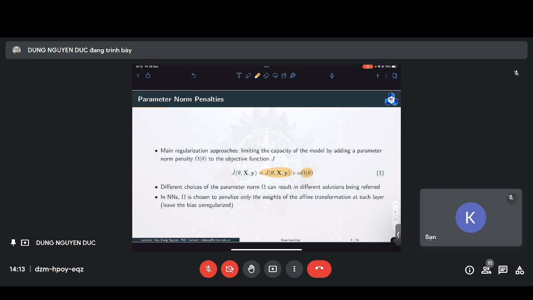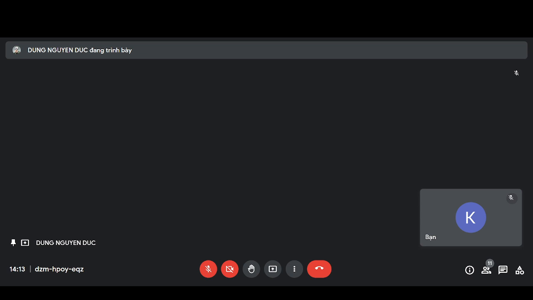But that may cause your model to be overfitted, and you have no control over the parameter values. If you increase the weight alpha, you consider that penalization more seriously. And the way you define omega can be very different depending on your final target, what you want to do with this.